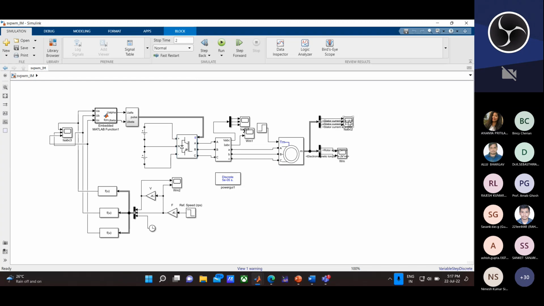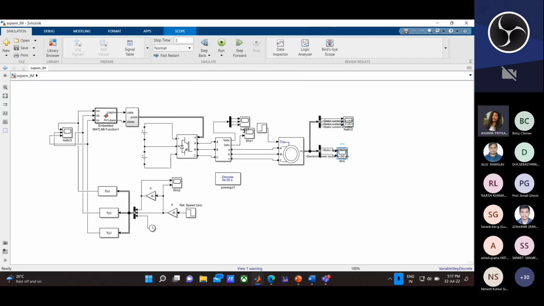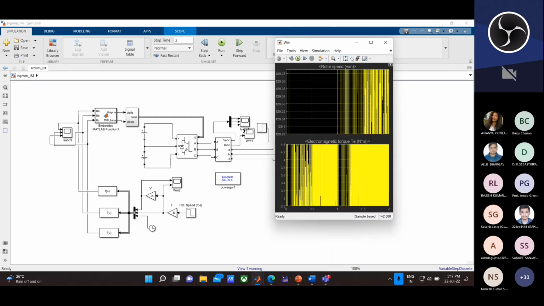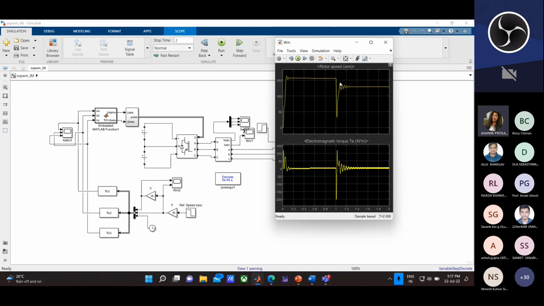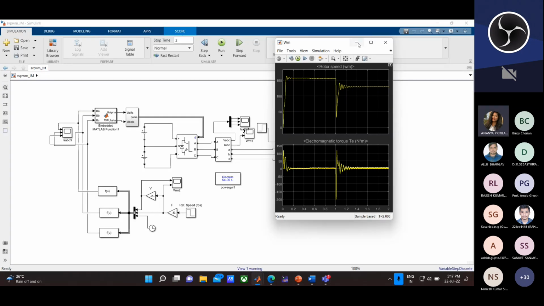So here are the motor variables: stator currents of 3 phases, that is A, B, and C. And hence torque and speed characteristics are also observed.